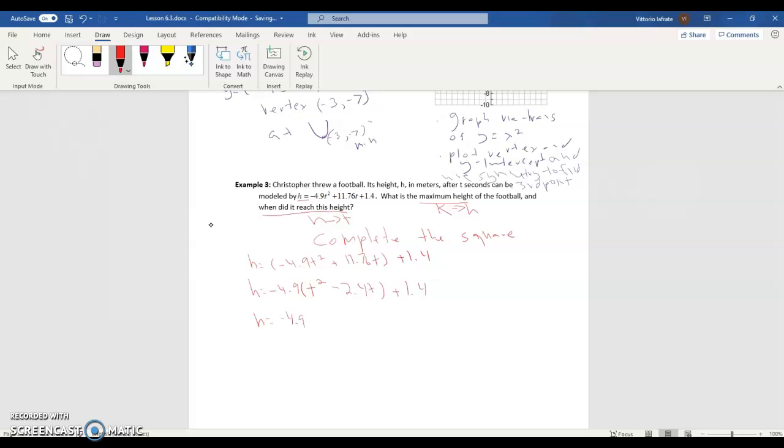We then need to find the term that would make this a perfect square. So negative 4.9 t squared minus 2.4 t. Remember, to find that term, we do the b value, so negative 2.4 divided by 2, the whole thing squared, which would be negative 1.2 squared, which is 1.44.